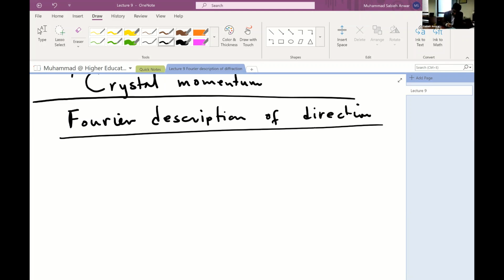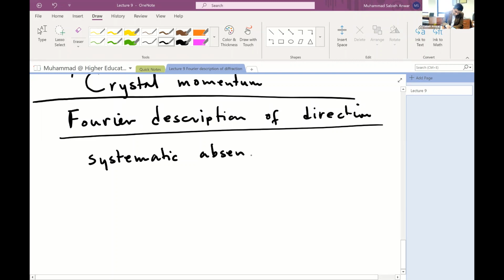And from these absences, or systematic absences as they are called, or the extinction of certain reflections never showing up in the diffraction pattern, we can tell what kind of Bravais lattice it is, and we can determine the space group and so on.